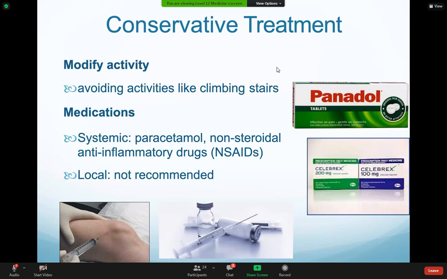Systemic medications such as paracetamol or non-steroidal anti-inflammatory drugs, or local medications such as injections. Injections are not highly recommended, but sometimes they can be helpful if systemic medications have stopped working.